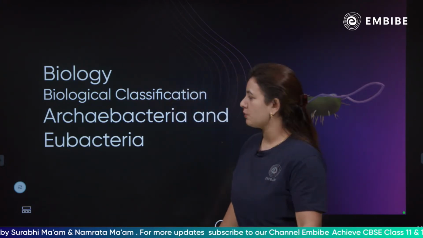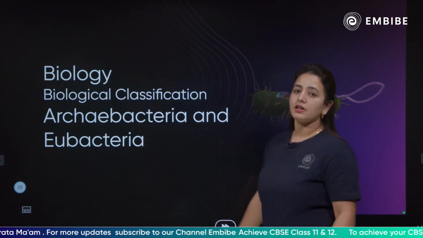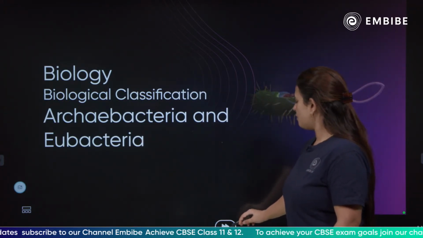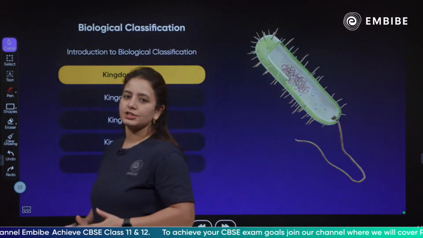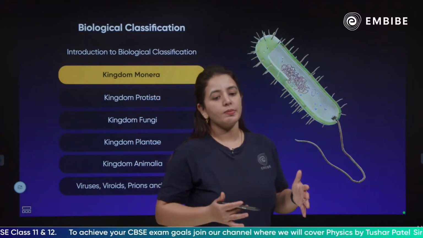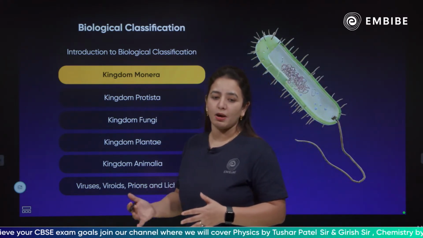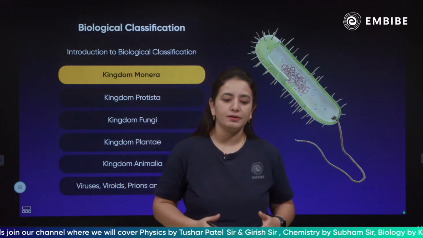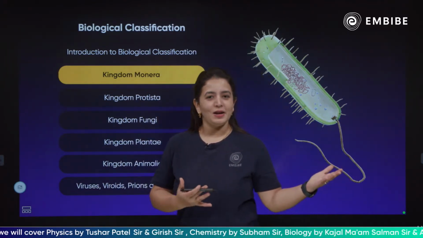In today's session we are going to discuss the Archaebacteria and the Eubacteria, the 2 sub-kingdoms of Monera. This whole classification constitutes the 5 kingdoms. We will go through the kingdom Monera, and after it gets over, we are going to discuss Protista, then fungi and kingdom Plantae, and of course kingdom Animalia will be discussed by your zoology expert.